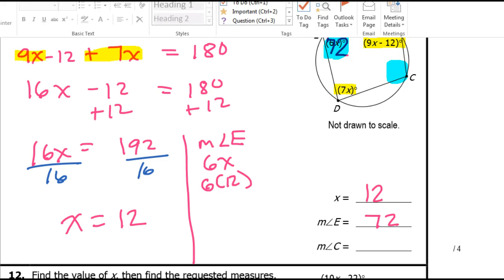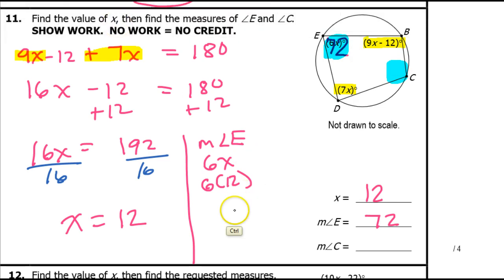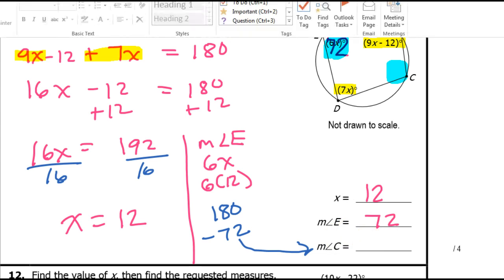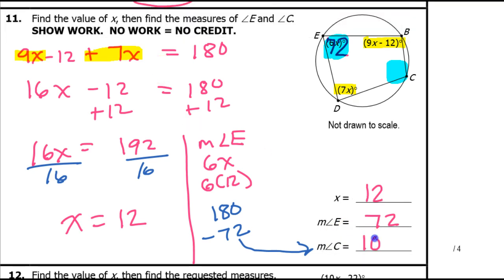They have to add up to 180. So if I do 180 minus 72, that should give me the measure of angle C. So that's going to be 108 degrees.